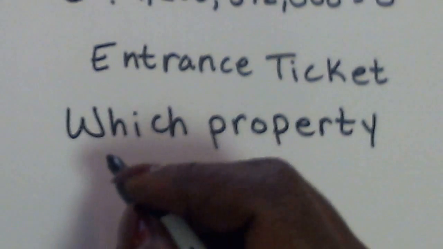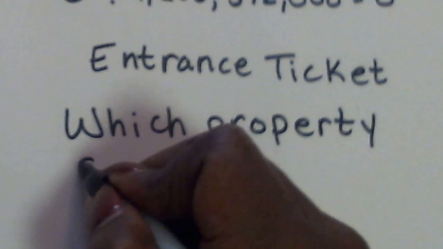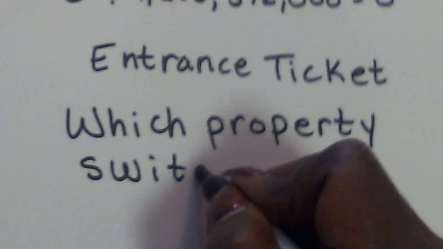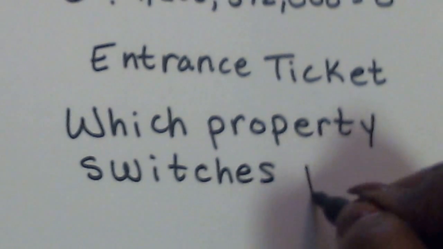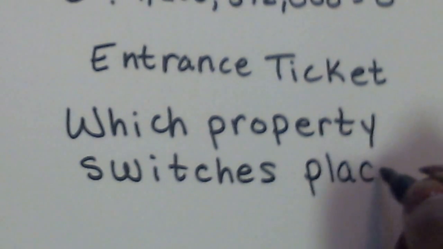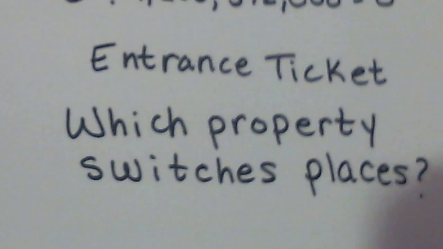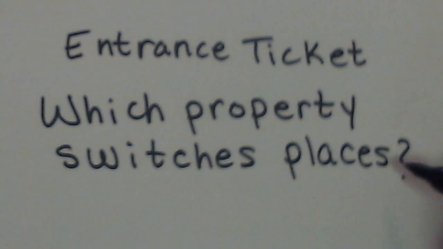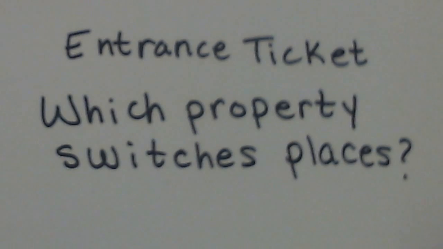Which property switches places? Okay, write the answer on a piece of paper and hand it in to me when you walk in the door. This is your entrance ticket. Which property switches places? Name that property.